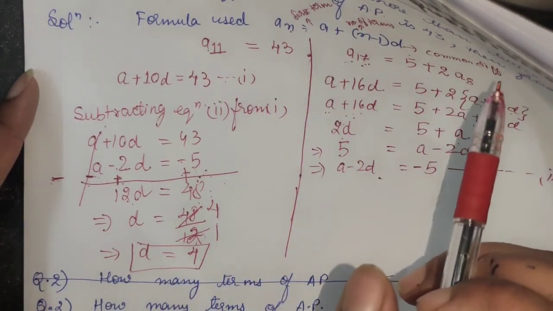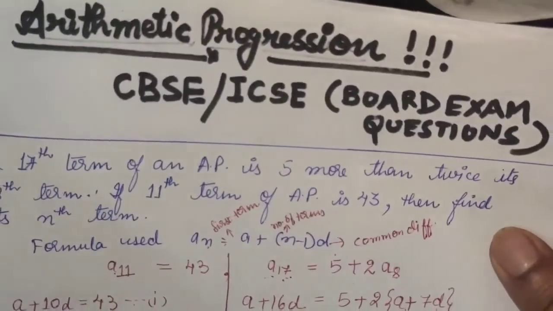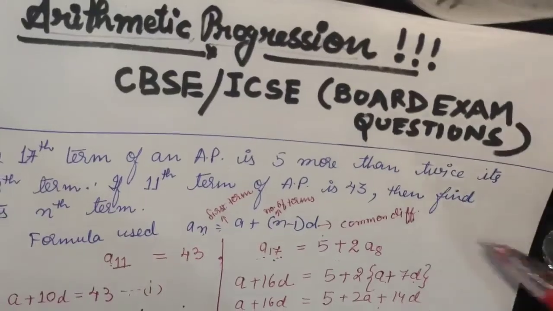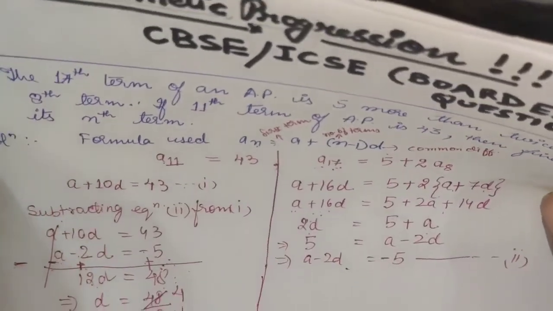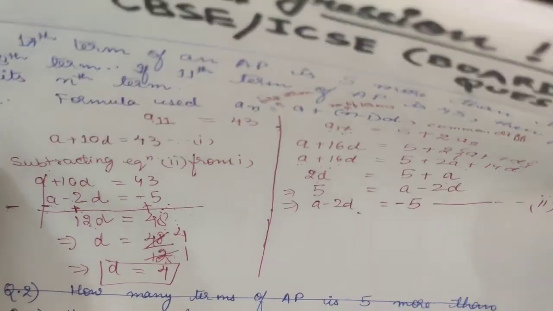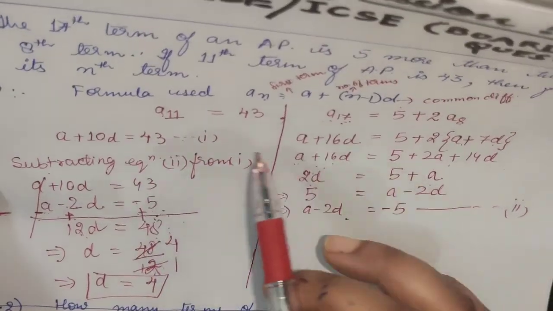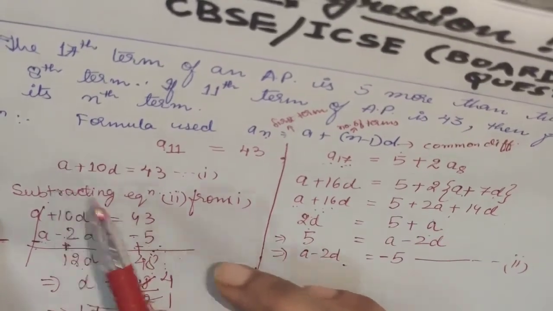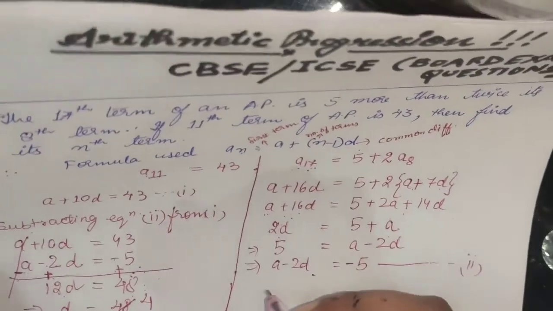Now you have to find, as it was already asked in this question, the nth term. So I have obtained the value of d, that is 4, and by putting this value in either equation 1 or equation 2, we will get the value of a.